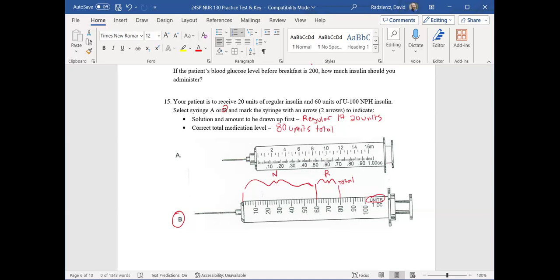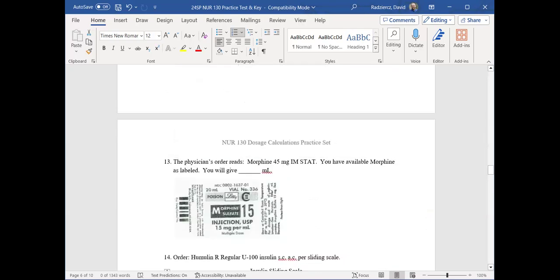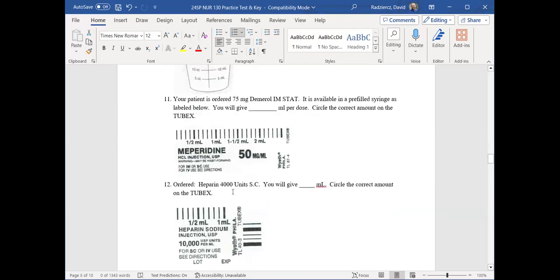If you get a question where it tells you to mark the syringe and fill it in, like a TubeX question, like here, then you're just going to put a mark wherever that happens to be. Okay, so if that's here, you put that mark here. Sometimes they ask you to shade it in to the amount. If you need to, just do your best to shade it in.